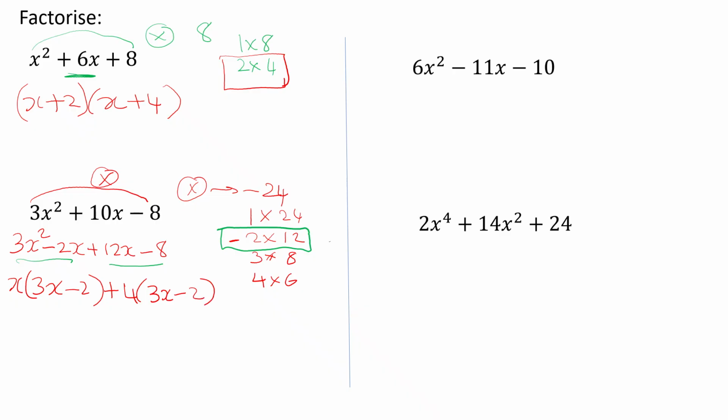Now you can see both terms have 3x minus 2 as the common factor. So 3x minus 2 times x plus 4.